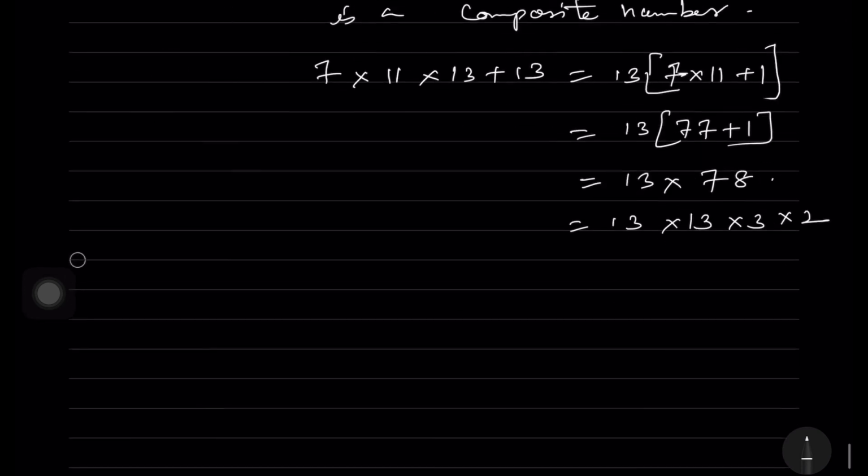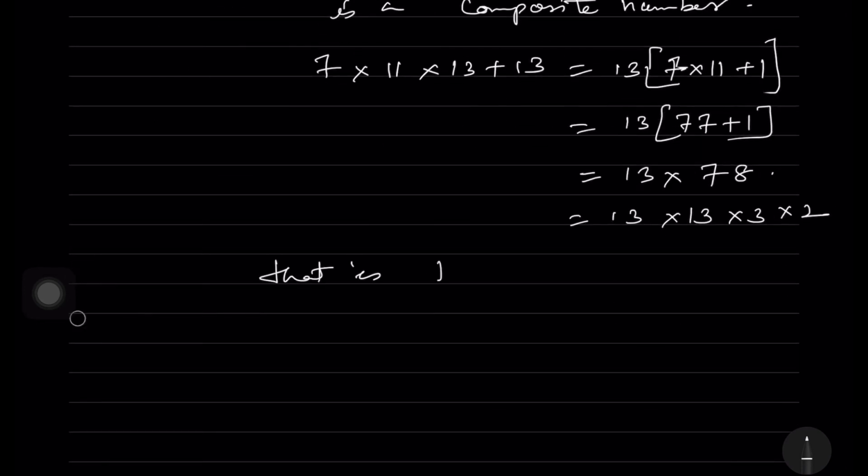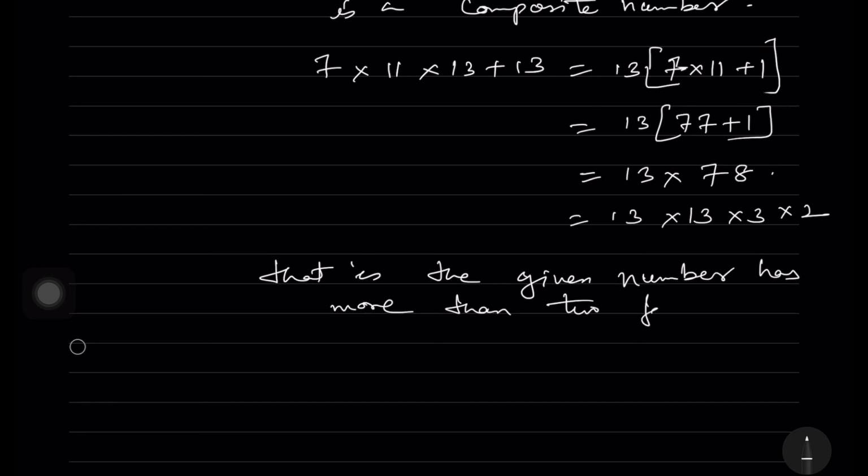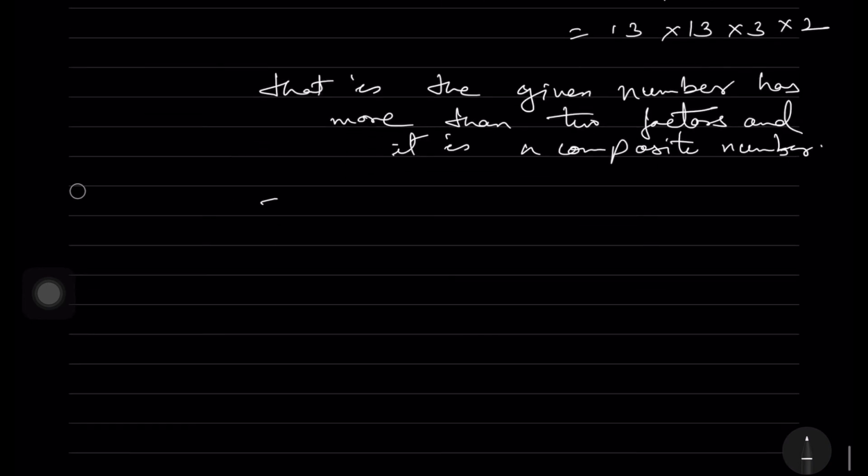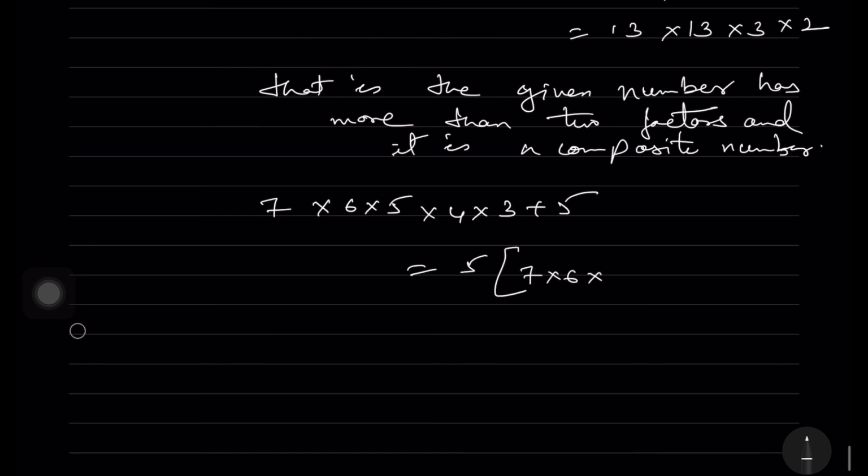Which can be written as 13 into 13 into 3 into 2. So the given number has more than 2 factors, namely 13, 3 and 2, and it is a composite number.